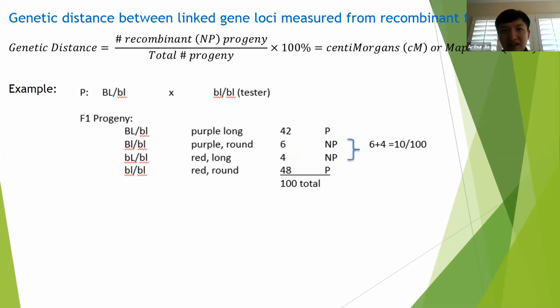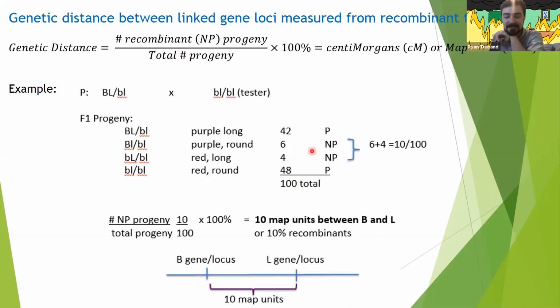So you put 10 here, and the denominator is the total number of the progeny. So we're gonna see what's the percentage of the progeny showing different phenotypes from their parents. All right. And so this is the very simple calculation we can use to calculate the genetic distance between B and L.